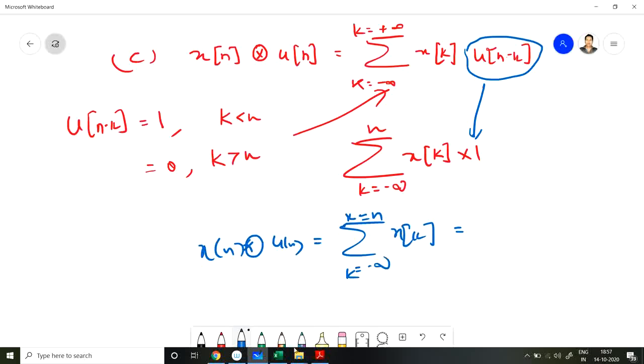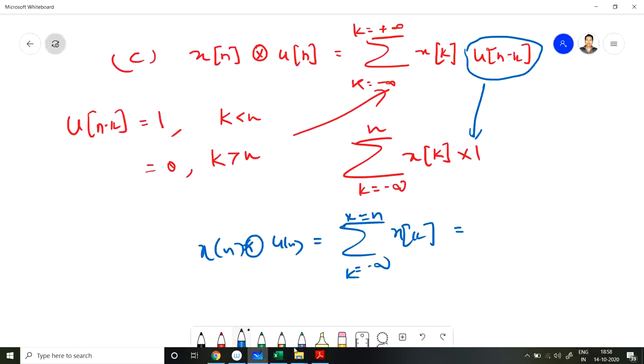This relation basically tells us that if we find the convolution sum of the input with the unit step, then we are just summing all the points of the input. Basically all the points from k equals minus infinity to n.